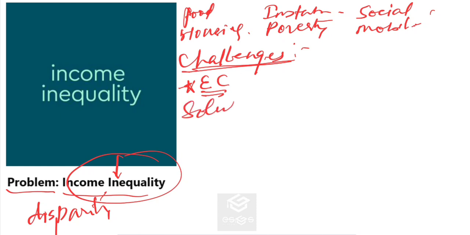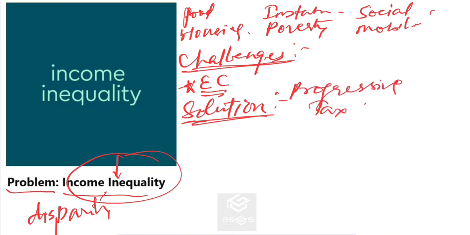Now we see the solution side, possible solutions. Government can implement progressive tax policies that tax wealth more fairly and invest in universal access to healthcare, education, and social services.